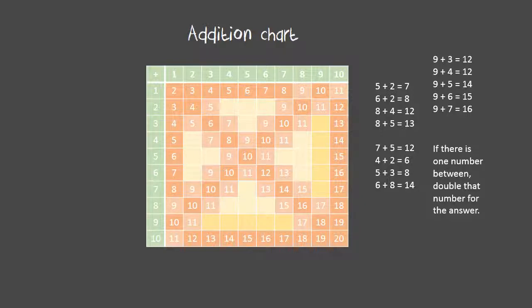If you think of what number falls between those two numbers, the number between 7 and 5 is 6, and I double 6, I've got 12. The number between 4 and 2 is 3, I double that, and I have 6. The number between 5 and 3 is 4, I double that, I have 8. And the number between 6 and 8 is 7, and I double that, and I've got 14.